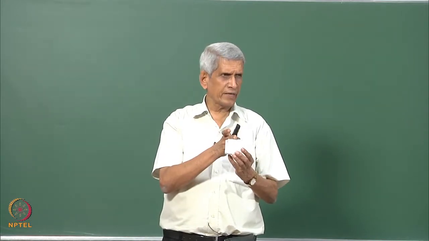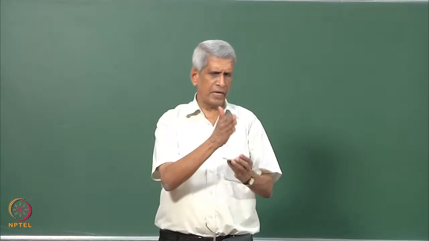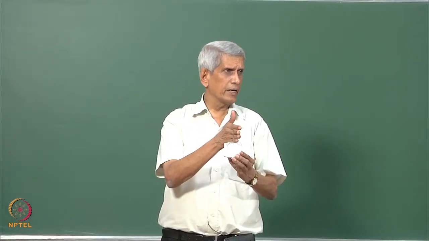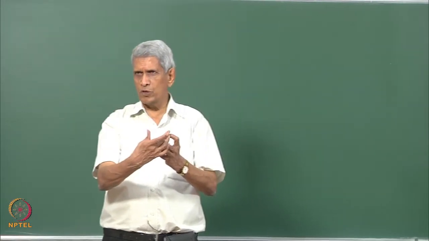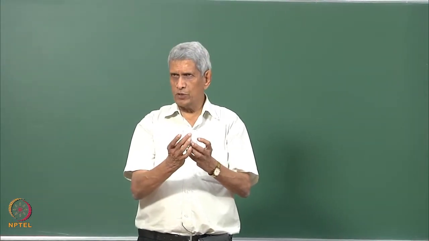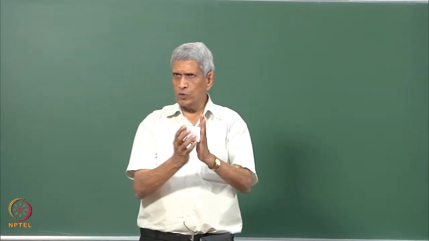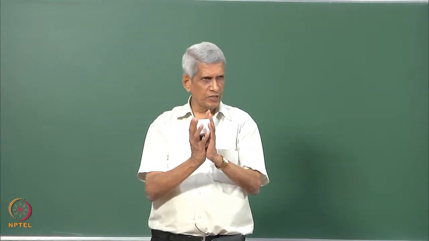If I take a mirror plane like this, or a mirror plane like this, on both sides we have 100 and maybe here 010. So this type of plane is also there.